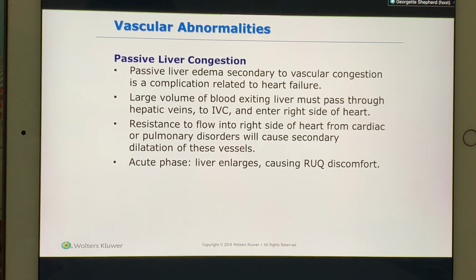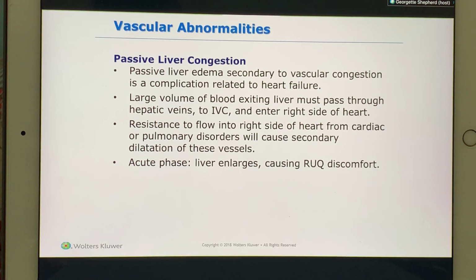So if my patient has any type of cardiac or pulmonary disorders, then secondary dilatation of the vessels will happen. If it's in the acute phase, then the liver enlarges, causing right upper quadrant discomfort.